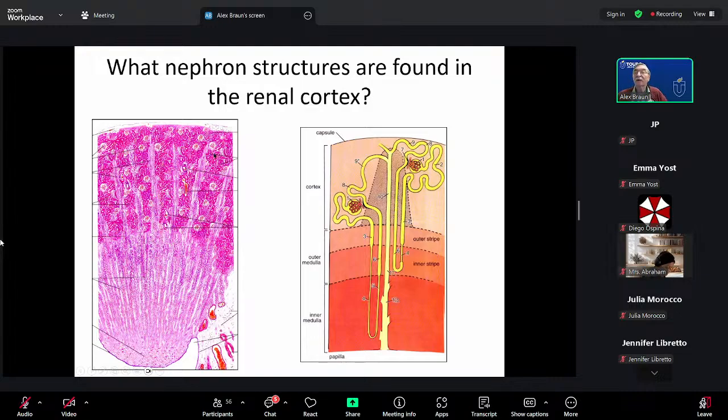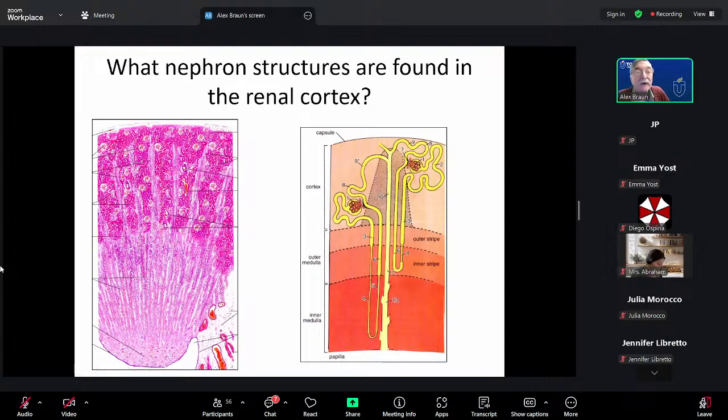Now, between the cortical labyrinth are areas with straight, parallel, aligned tubules. These are the medullary rays. So really, the cortex consists of alternating cortical labyrinth, containing the glomeruli and convoluted tubules, and medullary rays. So labyrinth, medullary ray, labyrinth, medullary ray, something like that.